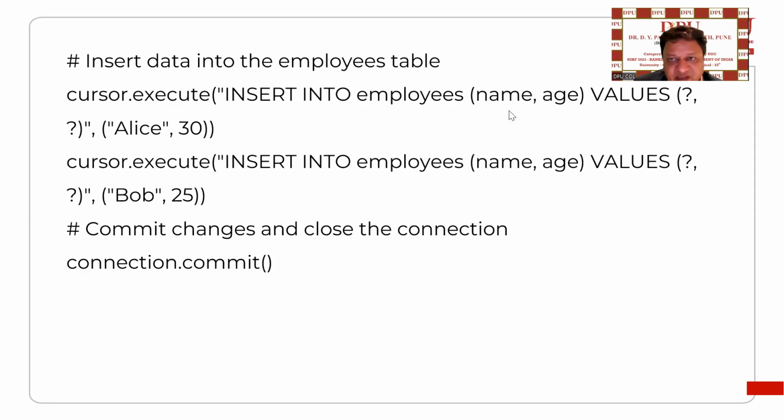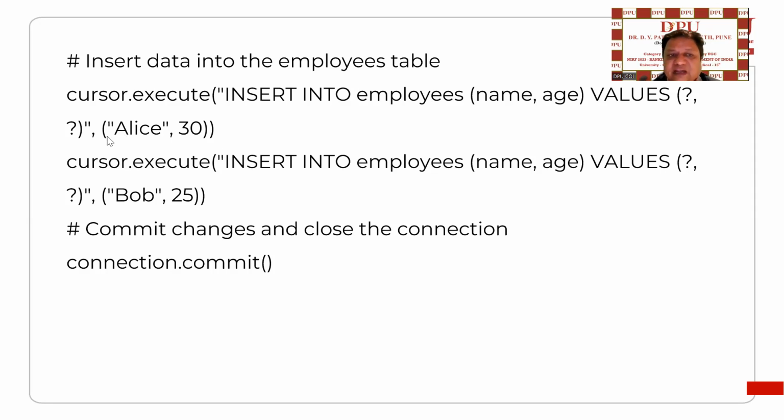It is not mandatory. So the command to insert a record into a table is INSERT INTO table name. In the brackets, specify the column names if you want to insert data only for specific columns. After that, VALUES, where you specify the values you want to insert.